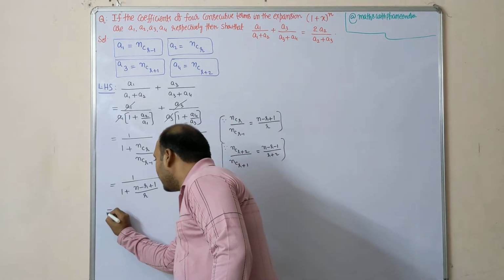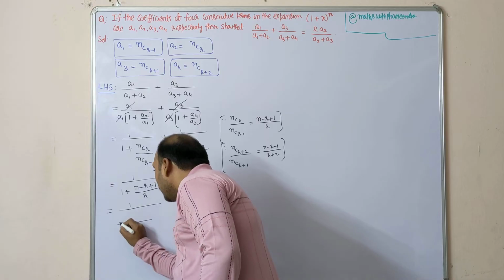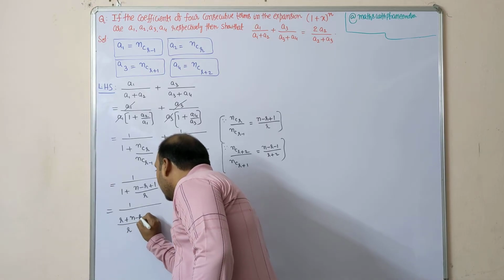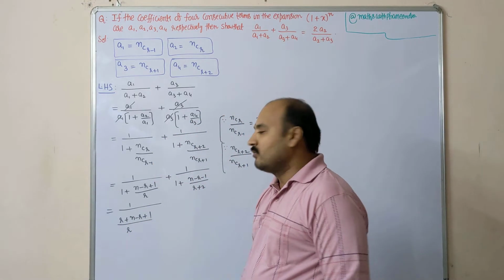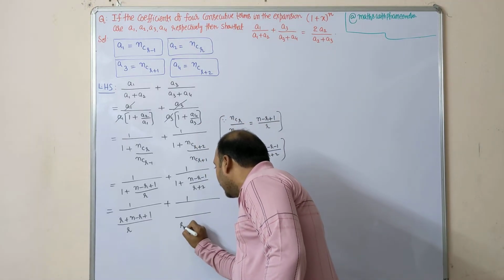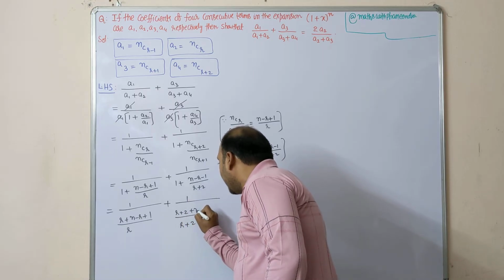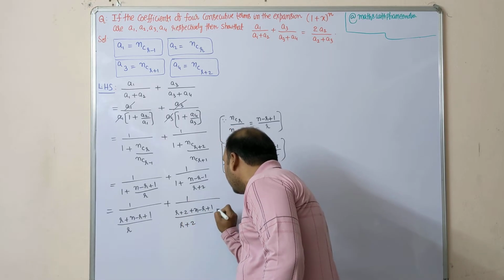So take LCM in the denominator. 1 by r is the LCM: r + n - r + 1, plus 1 by, here r + 2 is the denominator LCM: r + 2 + n - r - 1.